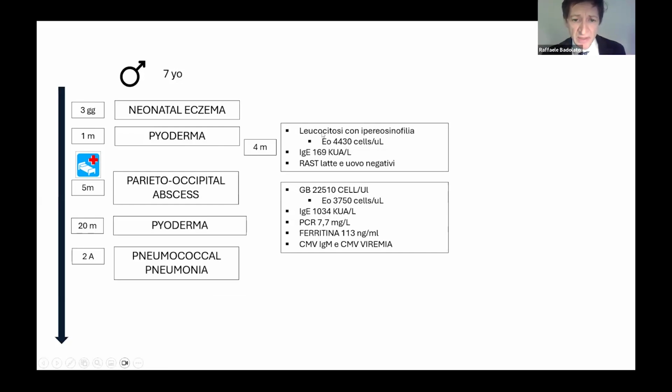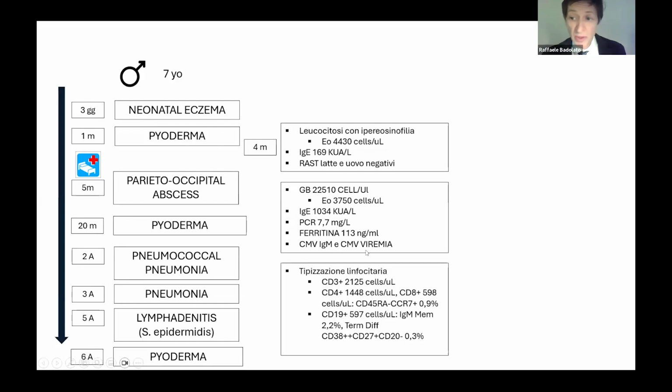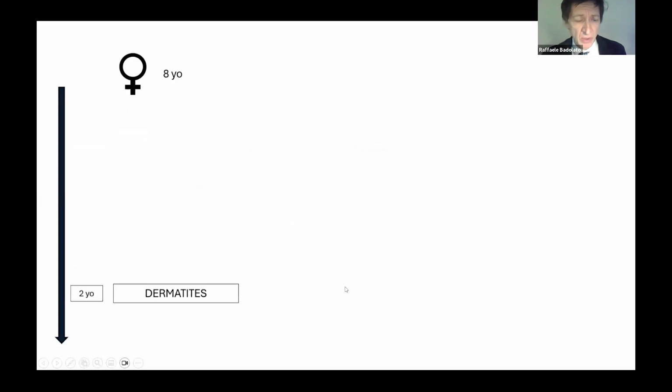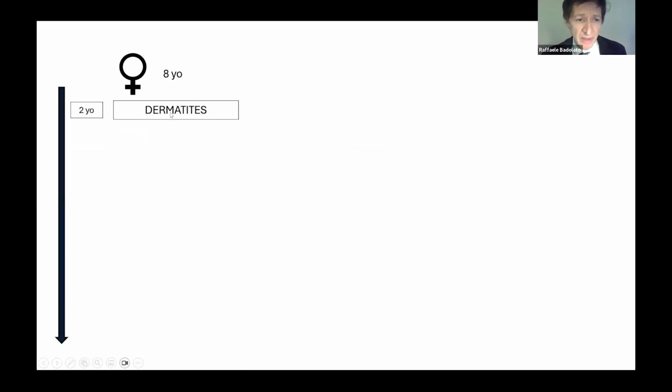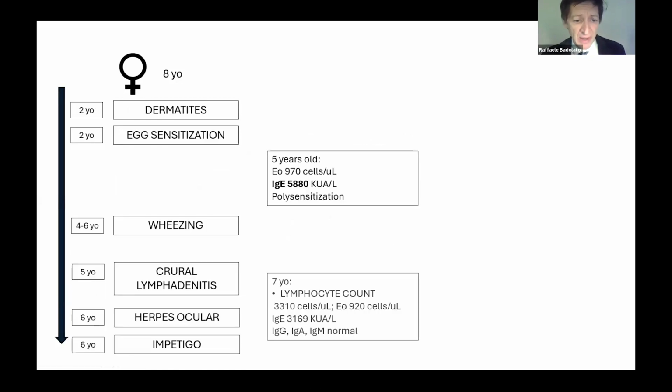She presented a high number of eosinophils, high levels of immunoglobulins, and also lymphadenitis. Then we have a second patient, quite similar, but he had much more severe dermatitis, allergen sensitization, and lymphadenitis, and normal lymphocyte counts and immunoglobulins.